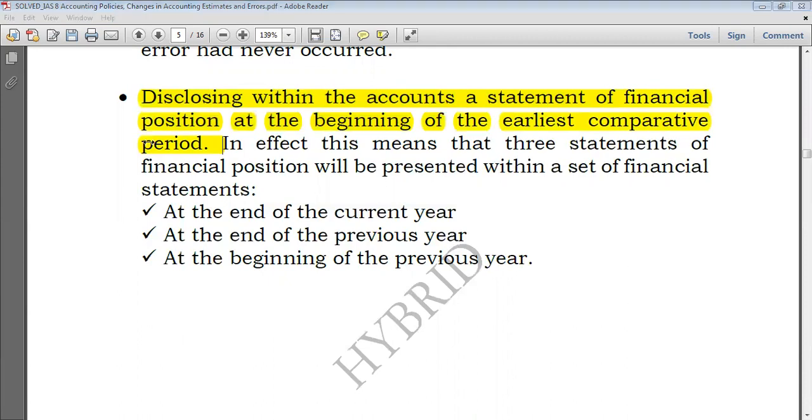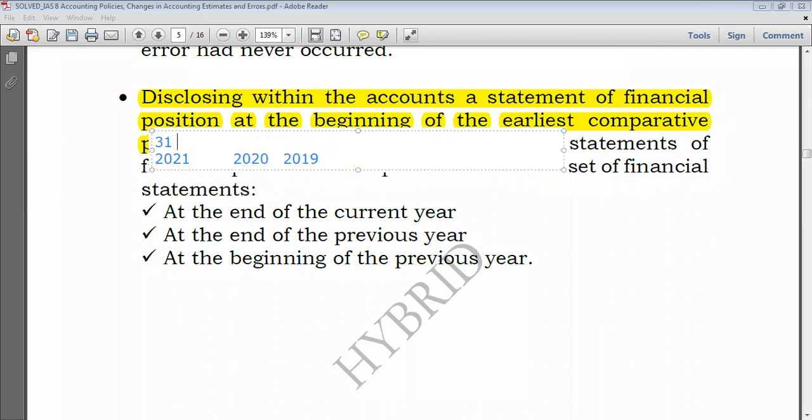Let me show you. Let's say you have prepared your financial statements for the year 2021. You have prepared for 2021, for 2020, maybe, and for 2019. And let's say your financial statements were ending 31st December, just like this. If this is the case and you are just making prior period adjustments, you would also have to prepare the statement for at the beginning of 2019.